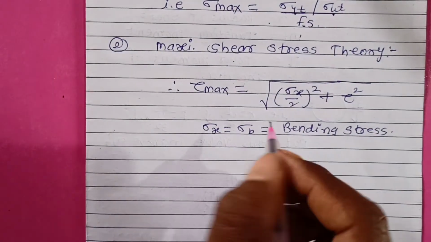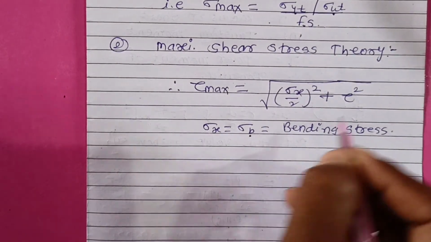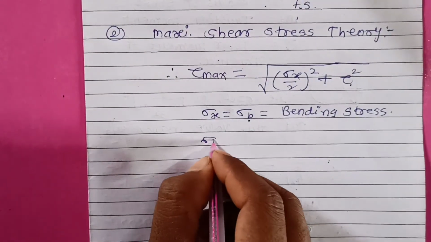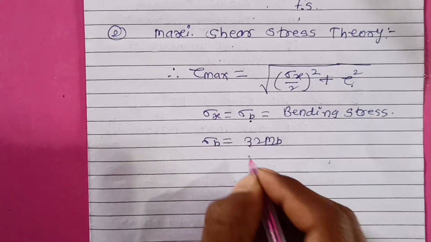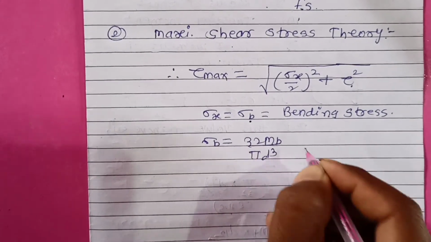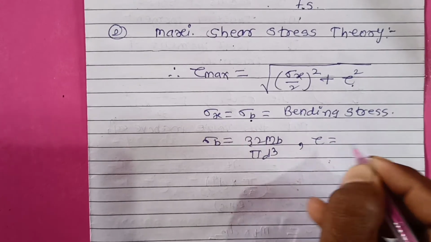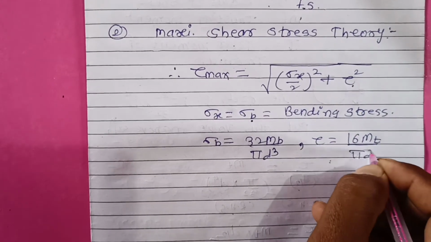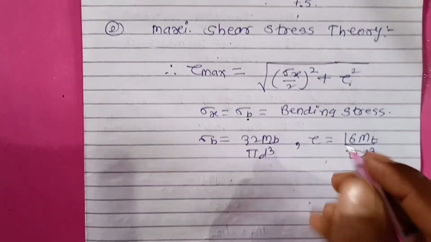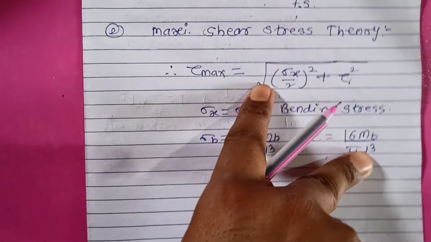And we know the values of sigma b and tau. Sigma b is equal to 32 mb divided by pi d cube, and tau is 16 mt divided by pi d cube. Now these two values are put in the above equation.